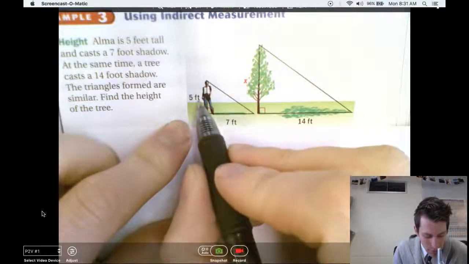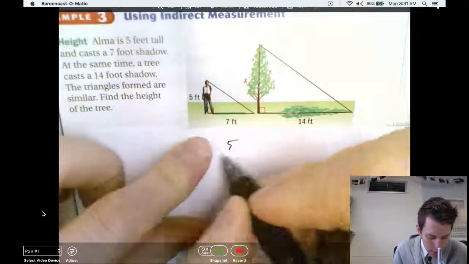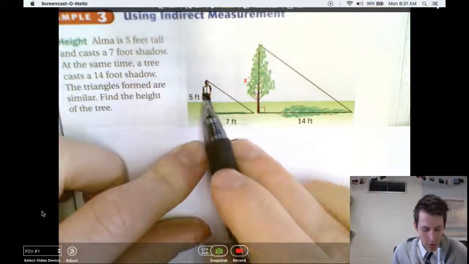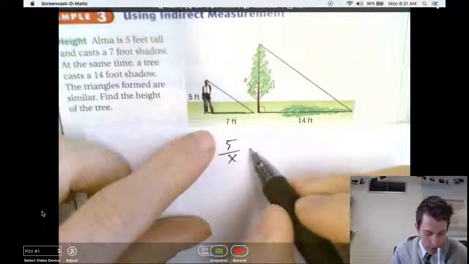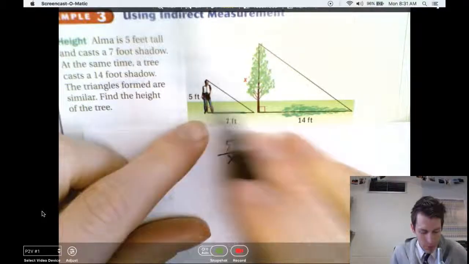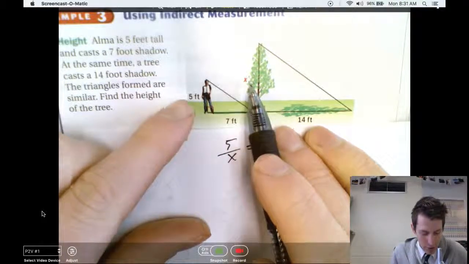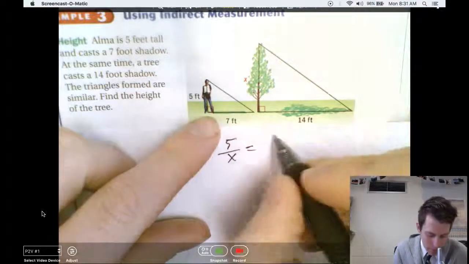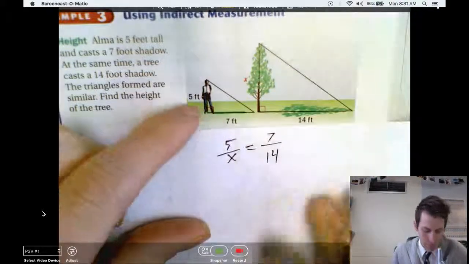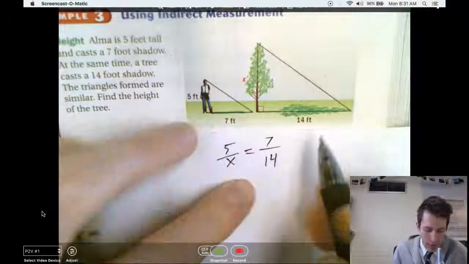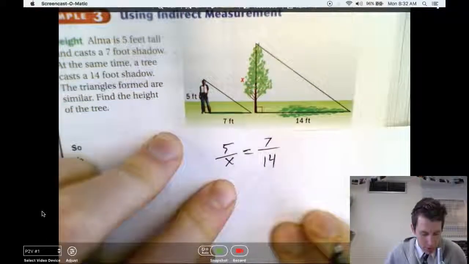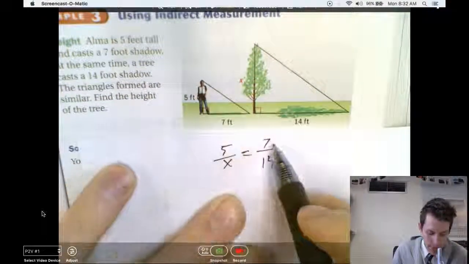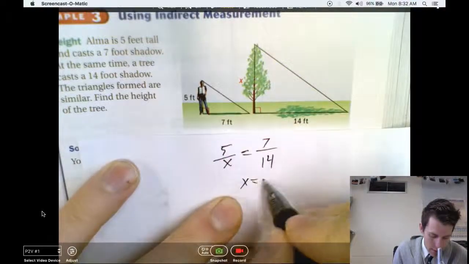So, let's just make a proportion. Let's do 5 over x. Small triangle over corresponding big triangle measurement. 5 over x should be the same as 7 over 14. So, 5 times 14 is 70, divided by 7, x equals 10.